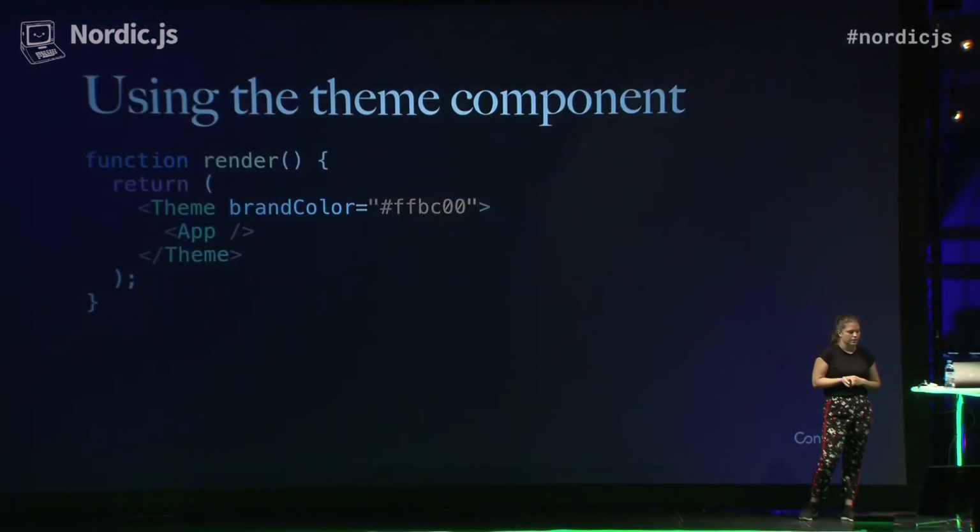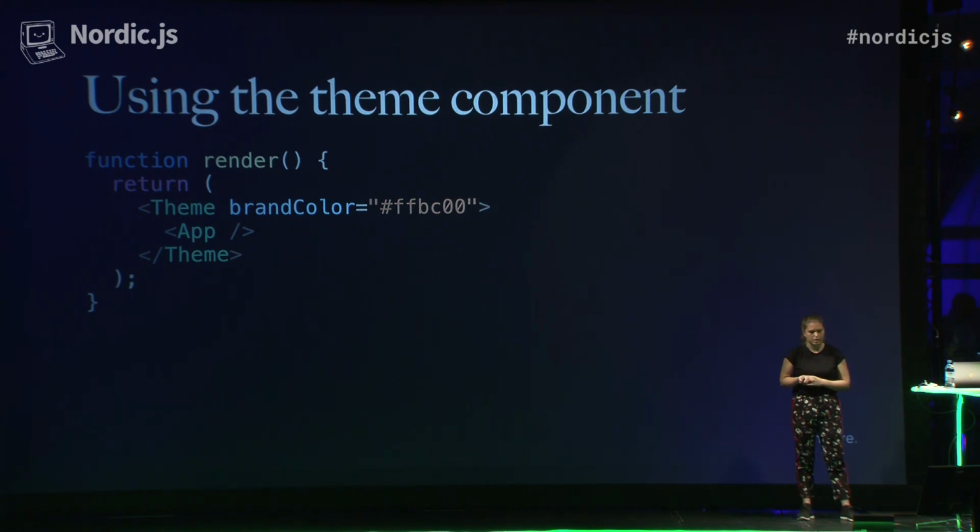What is also a good idea to think about when you're using CSS custom properties is to have nice fallbacks, so it doesn't feel hacky. To use the component, you can wrap it around your app, and it will handle all of the calculations.